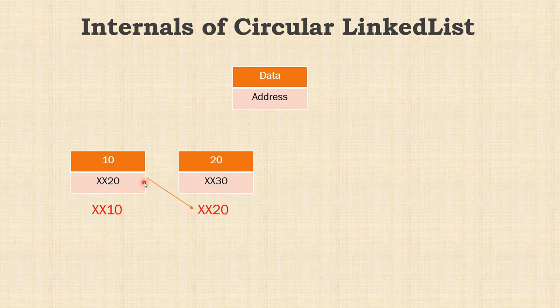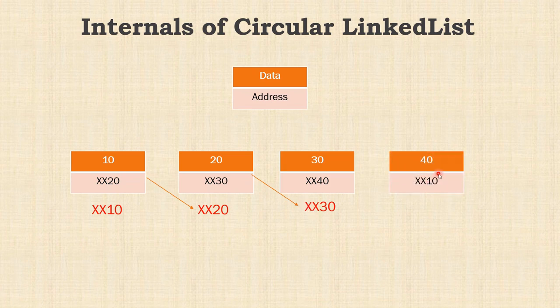Then this is the third node, data is 30, and it is pointing to XX40, that means the fourth node. This is XX30, and the second node is pointing to XX30. And now this is the fourth node, the address of the fourth node is XX40, and the third node is pointing to XX40.